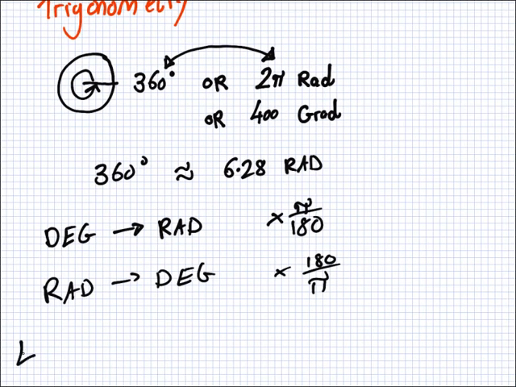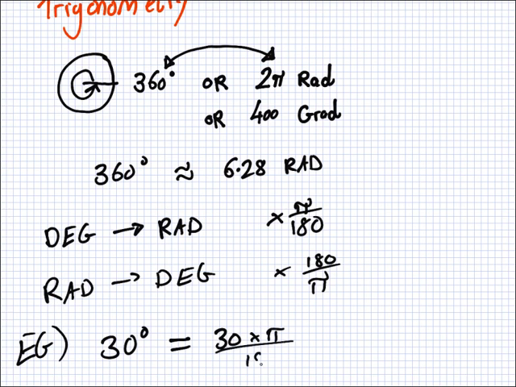So for example, 30 degrees in radians would be 30 times pi over 180, which is pi over 6 radians. And you can write that as a decimal if you like.